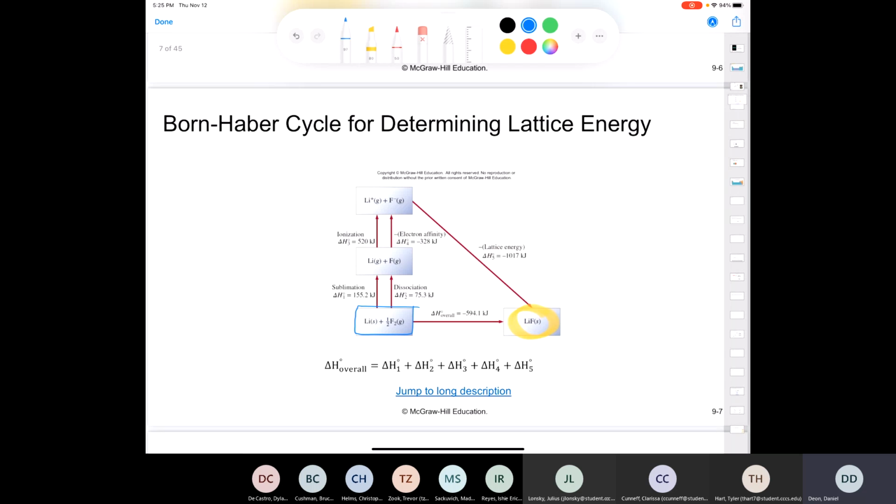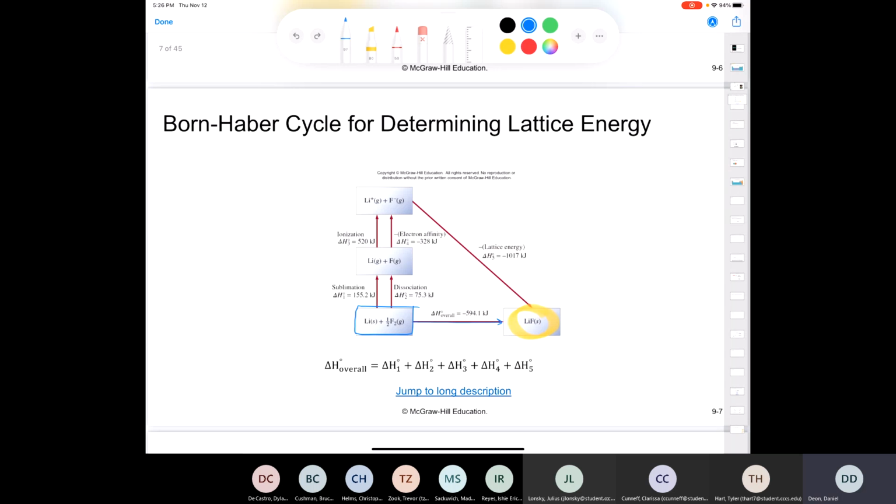If I start with solid lithium and gaseous fluorine in a balanced equation, and I combine those, the amount of heat that's given off is negative 594 kilojoules.